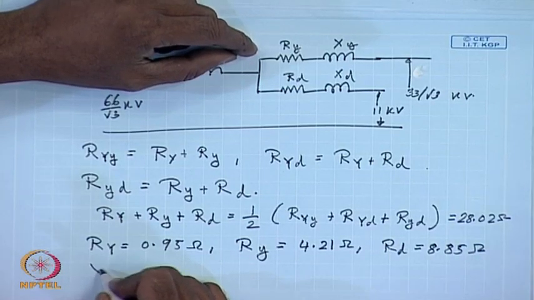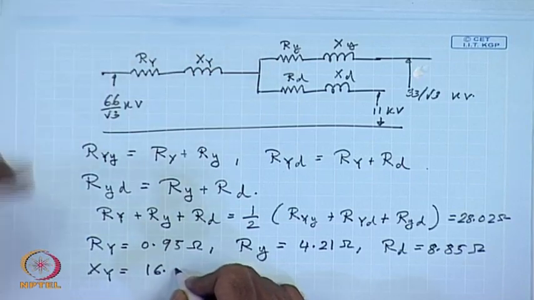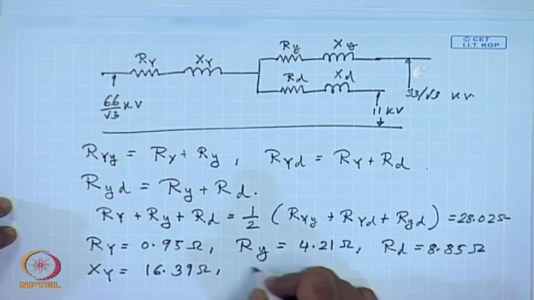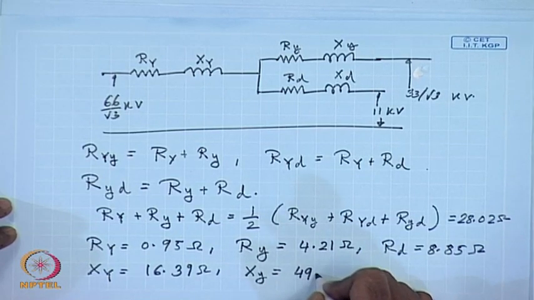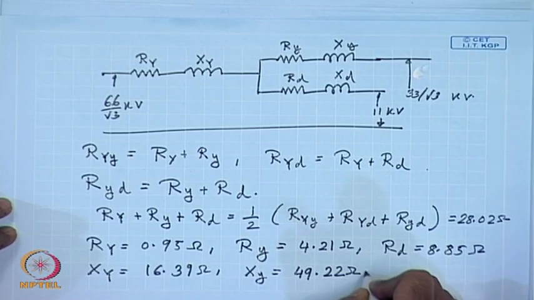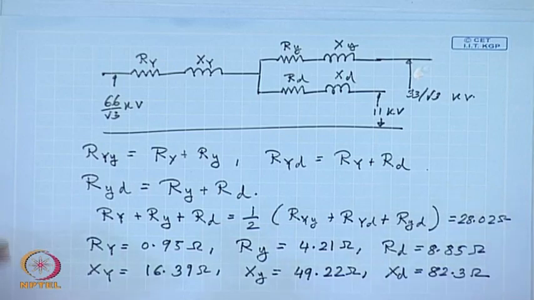In a similar manner, X capital Y comes to 16.39 ohm, X small y comes to 49.22 ohm and X small d to 82.3 ohm.